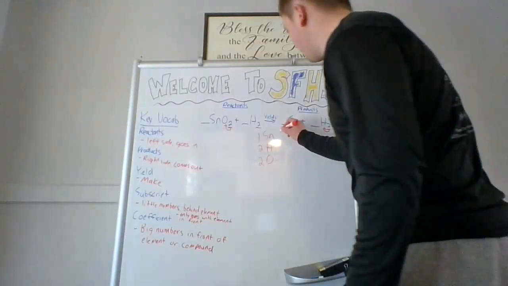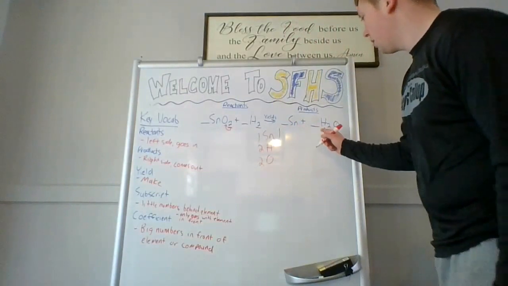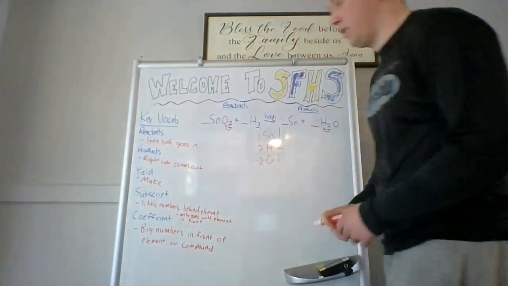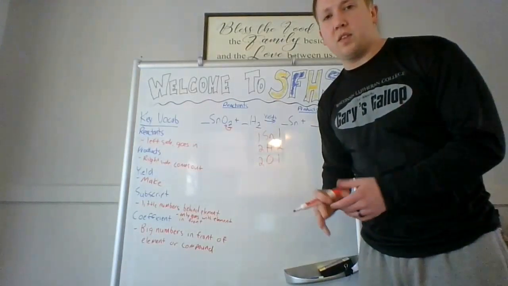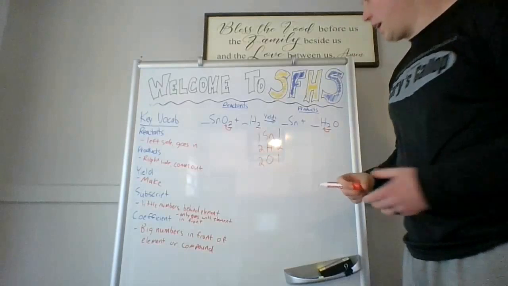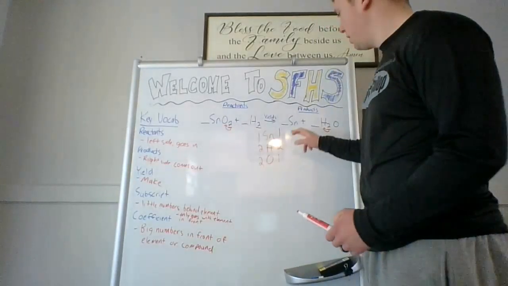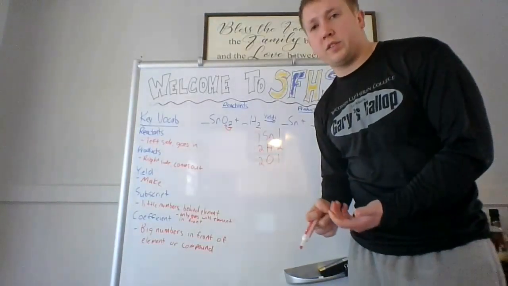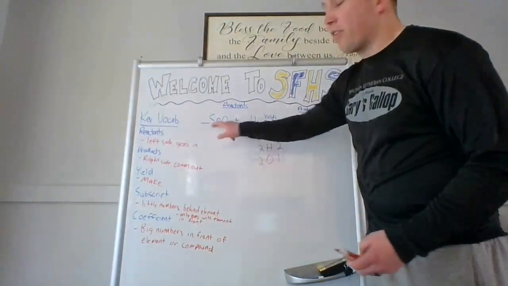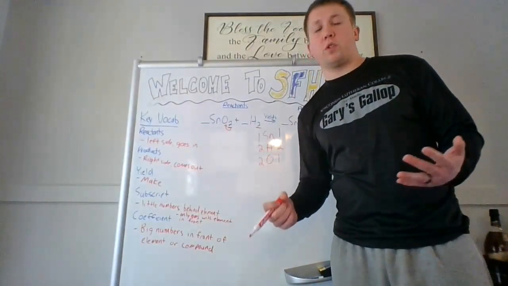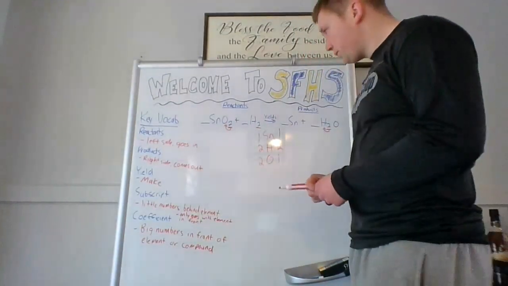So we have one Sn, we have two H's, and we have one O. Now we have to get these numbers to be equal. And the way we do that is by adding coefficients in front of the compounds and multiplying them. Because of the law of conservation of mass, they have to be balanced, because that law says that matter cannot be created or destroyed. So they have to be equal.